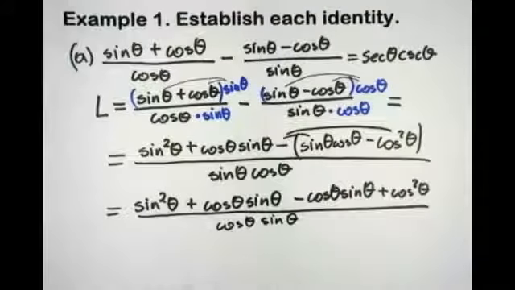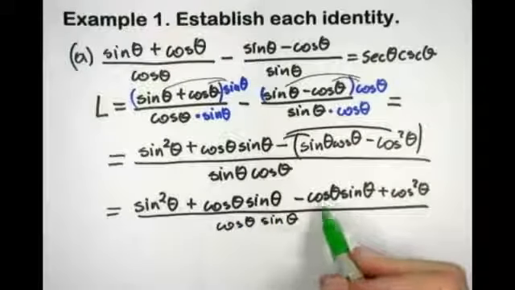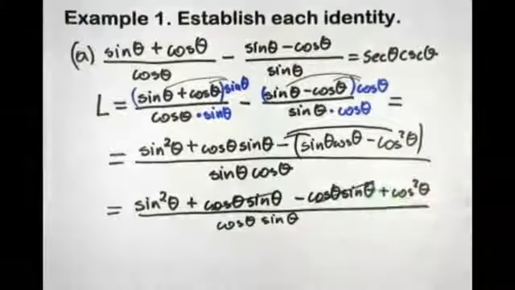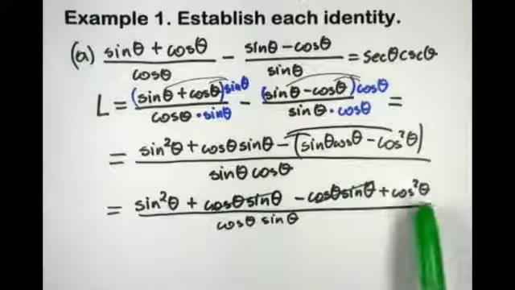Of course, never ever cancel this out, because we have addition and subtraction on the way. But what we can do, we can cancel those two out. Cos sine minus cos sine reduces to 0. So what we have is sine square plus cos square.